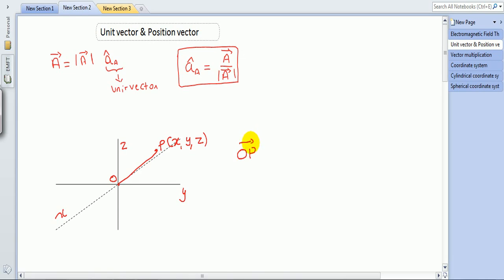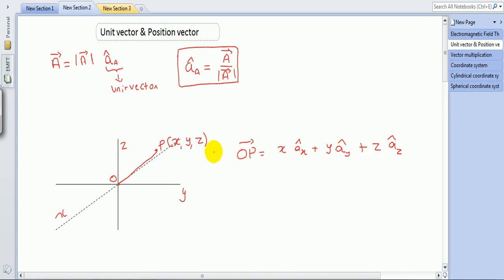It is basically the distance vector from the origin. So it can be simply written as x ax cap plus y ay cap plus z az cap.